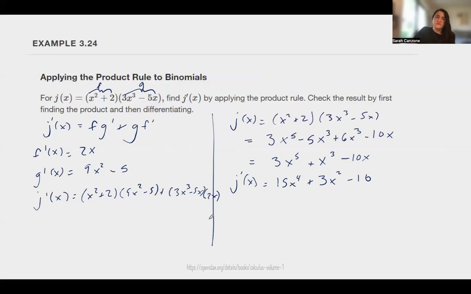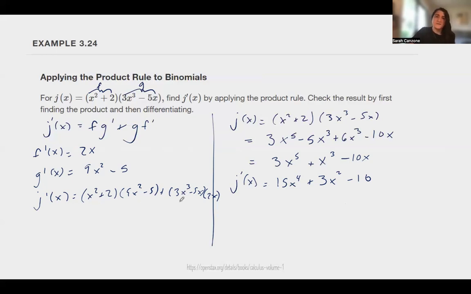So this is the derivative using the product rule. Now it looks slightly longer, slightly more complicated. If we were to go ahead and distribute, we could prove that this is the same either way. So if you'd like to check this answer, we should be able to confirm that this is the same as if we were to distribute in the beginning and then take the derivative after.